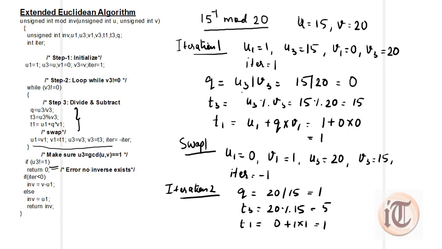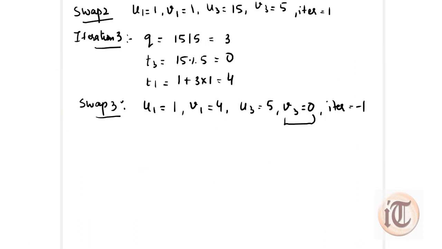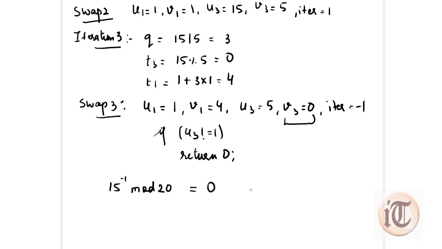This means there is no inverse, it returns an error value. So for this example, when u3 equals 5, it returns 0. So for this particular example, 15 inverse mod 20, the answer will be 0, or we can say that no inverse exists.